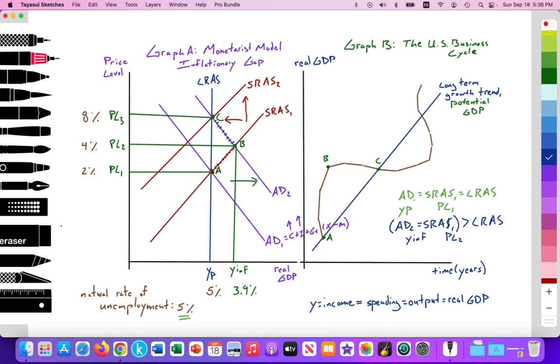The rising price level incentivizes firms to increase the quantity of their aggregate supply from point A to point B, or from YP to Y inflation. Thus, they will begin to employ more resources, like labor. The unemployment rate thus falls from 5% to 3.9%.